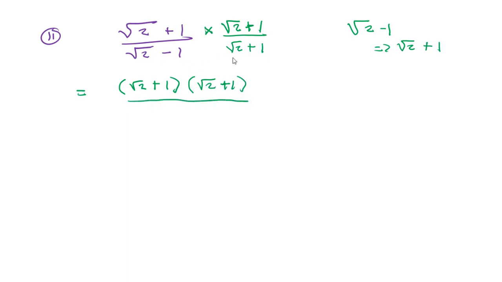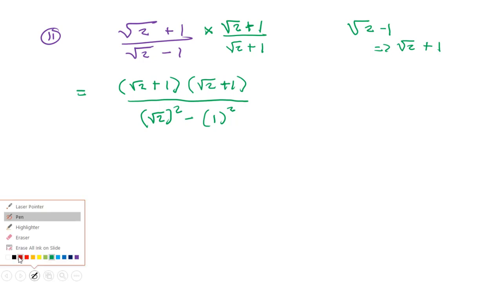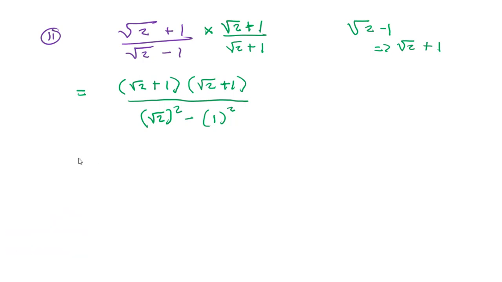If you look at the down part, this is the difference of two squares. So we're just going to say (square root 2) squared minus 1 squared, like that. Okay, after you do that, this is very easy.